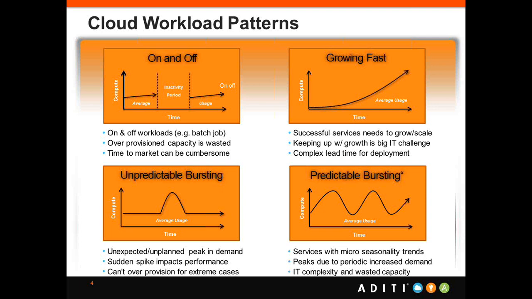Second is growing fast. Imagine you come out with some application which becomes as famous as Facebook, and you had provisioned your capacity for 10, 20 servers, thinking 1,000 users, 10,000 users. But suddenly millions of users are hitting your site, just because your site is so nice and exciting.